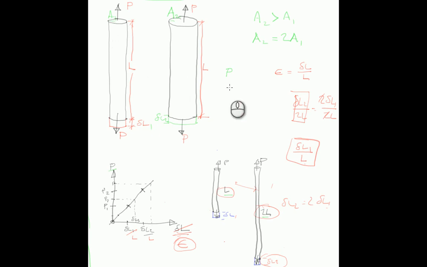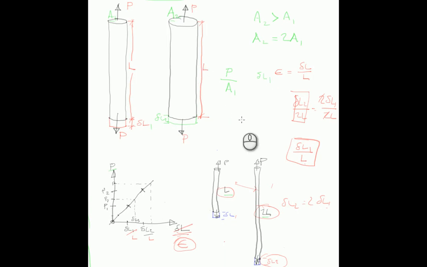So if we now do a similar thing to what we did here and divide by the original area, so A1, we end up with a delta L1. So that gives rise to a strain of delta L1.